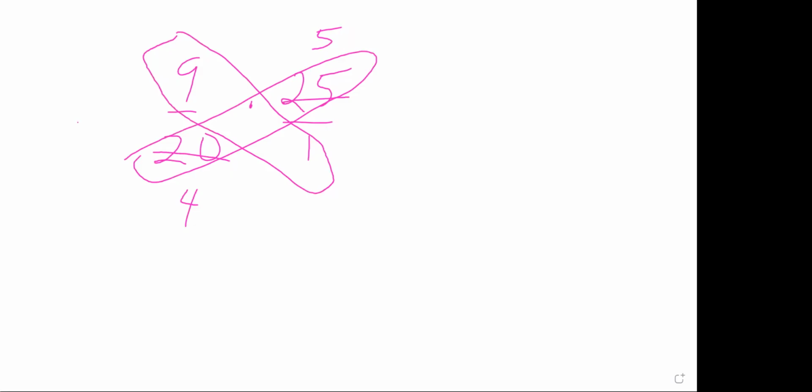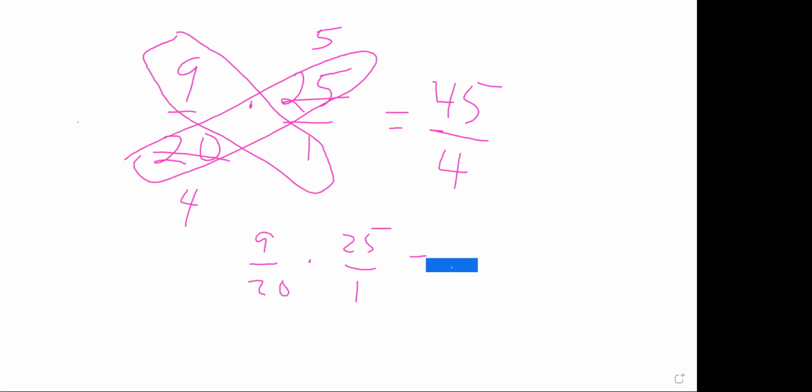So you multiply 9 times 5 is 45. 4 times 1 is 4. Again, you could have avoided that and just do 9 over 20 times 25 over 1. 9 times 25 should give you 225 over 20 times 1 is 20.